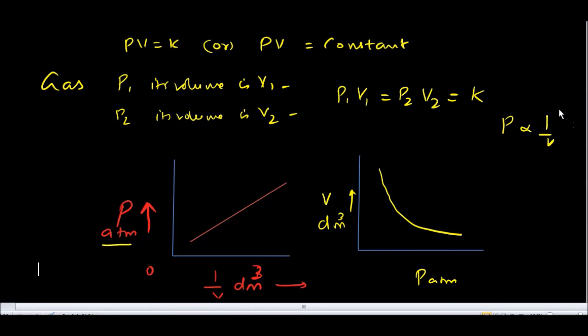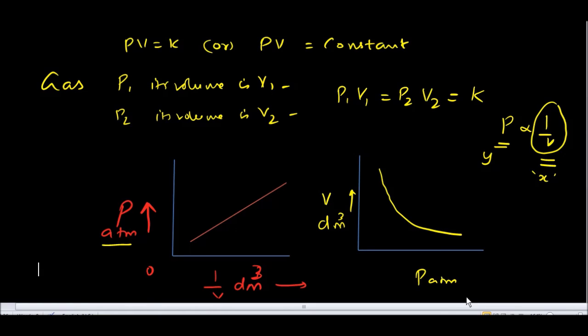When 1 by V increases, try to understand, it is not V, 1 by V increases means P will also increase, so that you can have a straight line like this. Pressure is taken in the y-axis and 1 by V is taken in the x-axis. For every rise in 1 by V, the pressure value steadily increases, so you get a straight line. This is a graphical representation of Boyle's law.